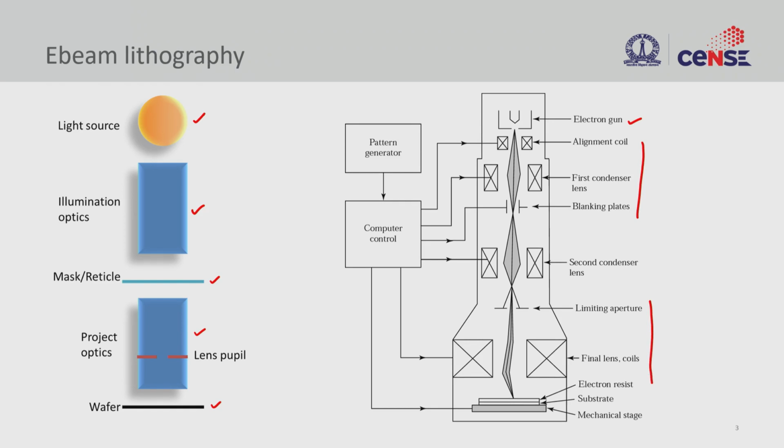But since there is no mask involved, in electron beam lithography we don't use a mask. So there is no mask, and that's the reason why we call it a maskless process, maskless litho. So you don't need any mask. So how do we pattern the structures then? The way we do that is by using this pattern generator and controlling the electron beam.